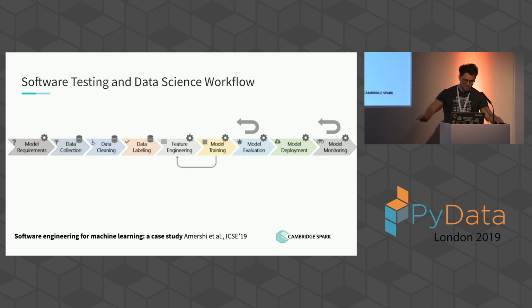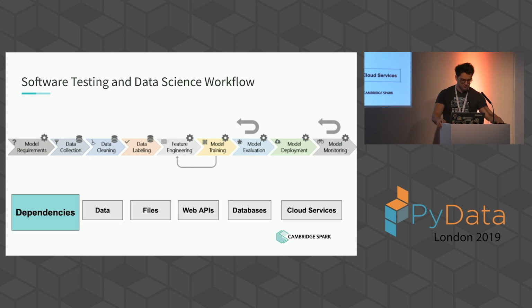Now, on top of everything I've said, we have to deal with dependencies. We have to deal with libraries that we're going to package in the application. Those will have different versions. They might have different behaviors. There are backward compatibility issues. We have to deal with web APIs, so live systems that we're using, which you have no control over.